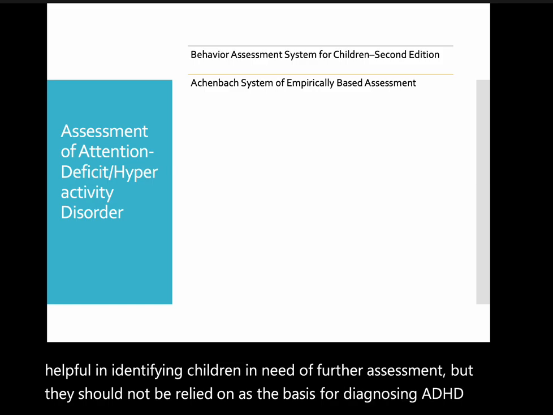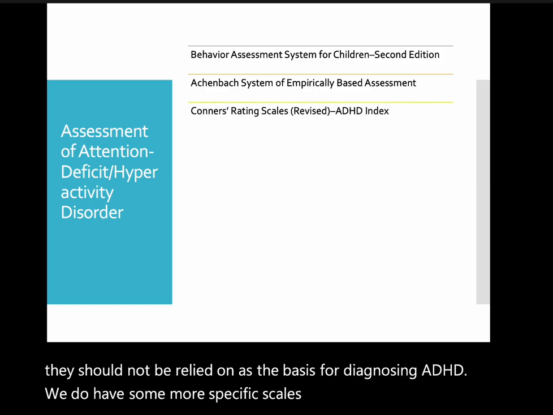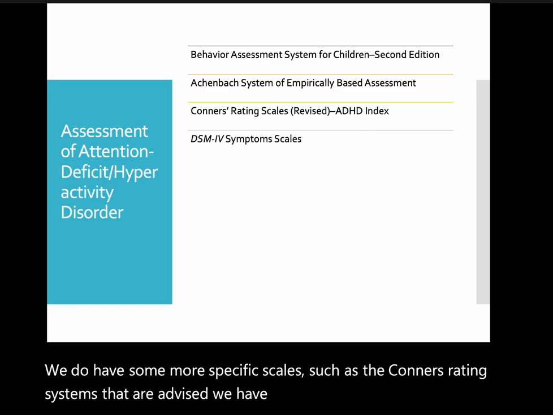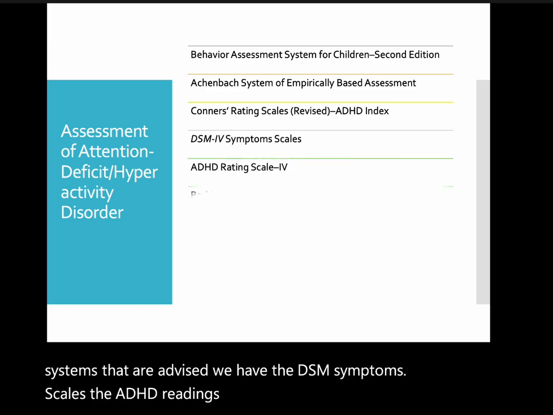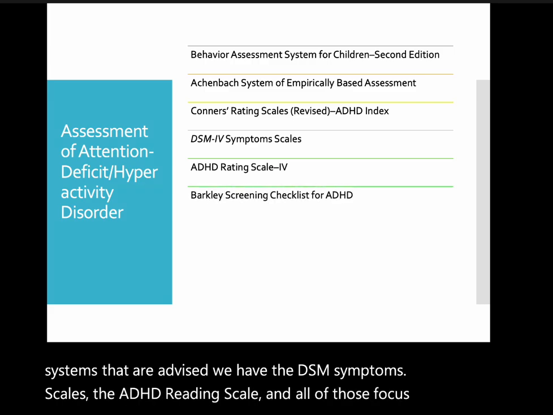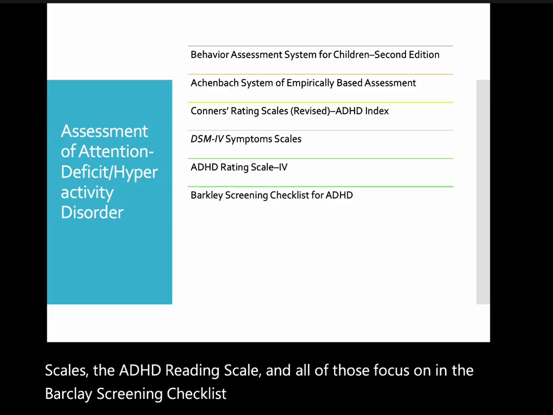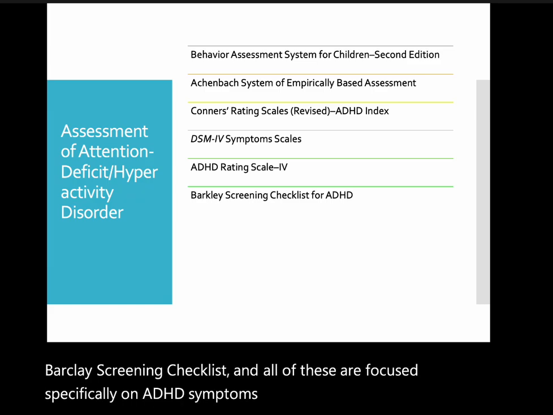We do have some more specific scales, such as the Conners rating systems that are advised. We have the DSM symptoms scales, the ADHD rating scale, and the Barkley screening checklist. And all of these are focused specifically on ADHD symptoms among children.